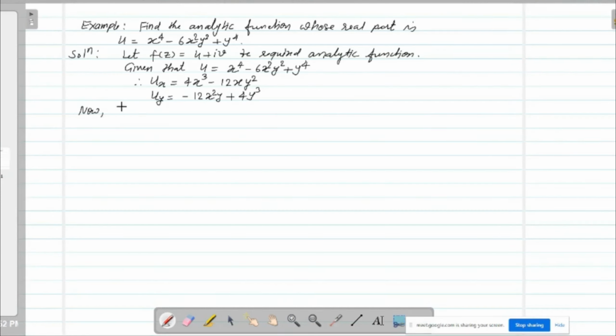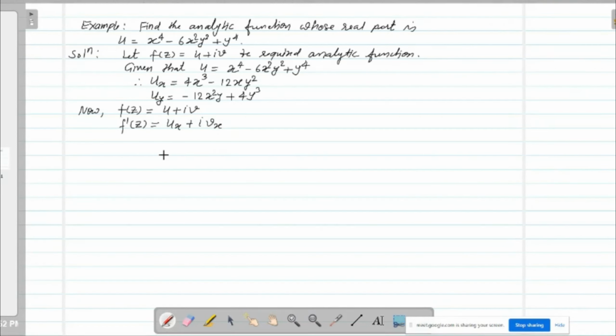Now, since we have function f of z equal to u plus iv, differentiate this with respect to x. So f dash of z equals ux plus i vx.